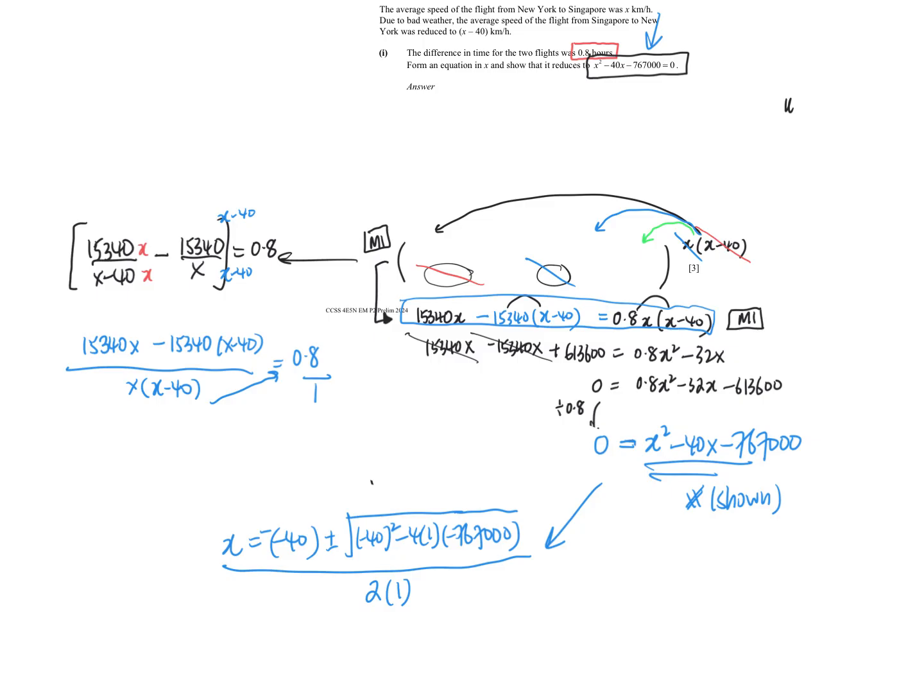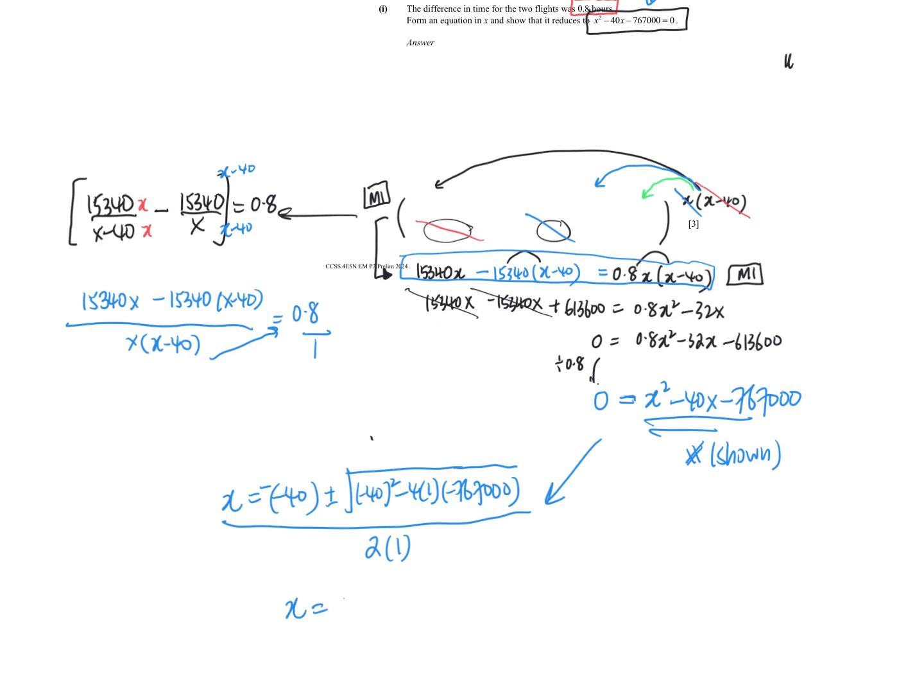So you go and solve for this. Where is my equation? So 1, negative 40, negative 767000. You will get two solutions. Is it like that?